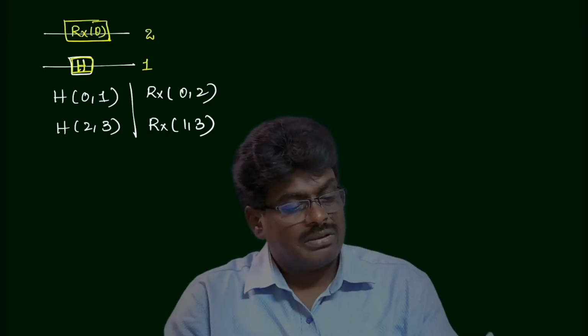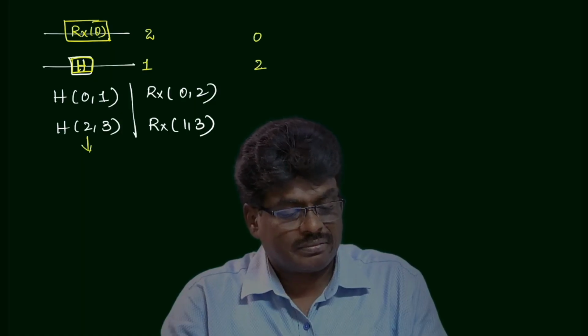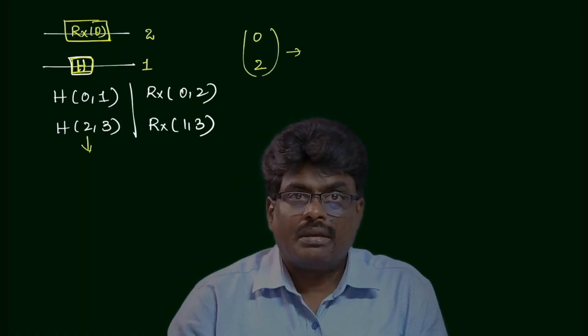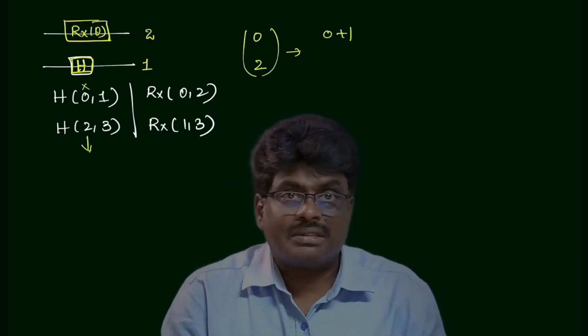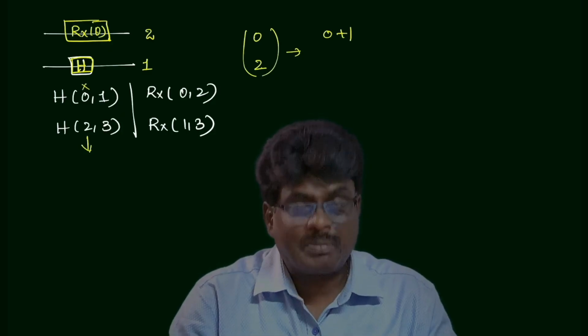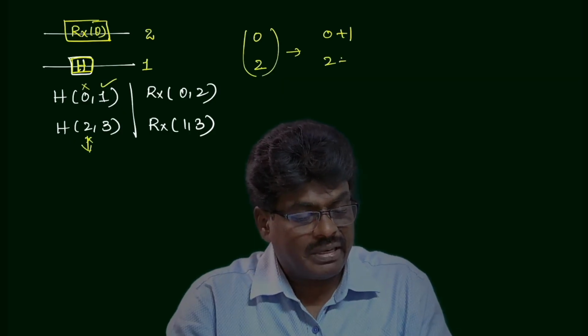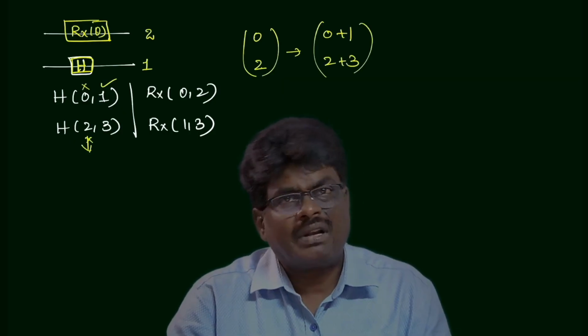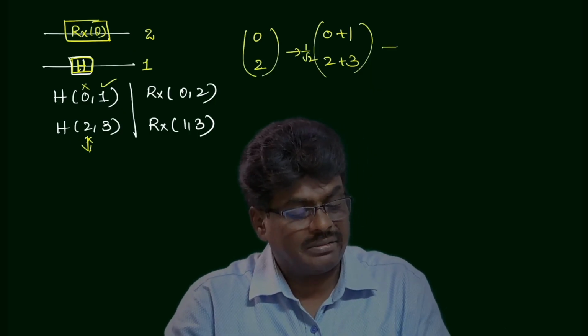Since it is a Hadamard, first I am taking 0 2. Okay, right. So 0 is off, that's why 0 plus 1. Directly I am writing because it creates a superposition of 0 and 1. And 2, that is also off, it creates 2 plus 3. The normalization constant I will write finally, or otherwise, if you want, you can write it here.